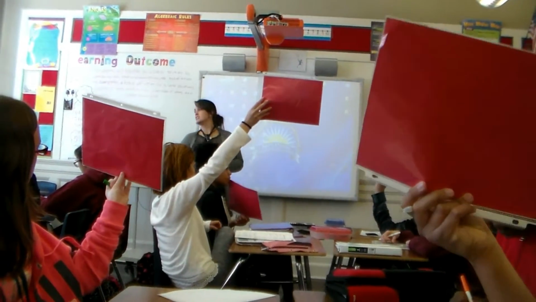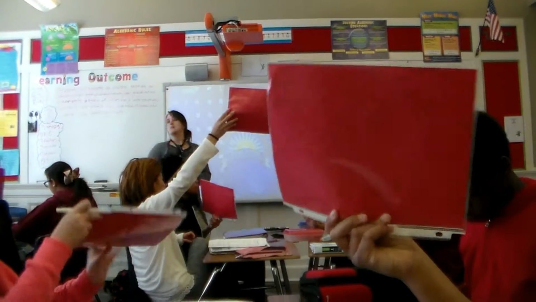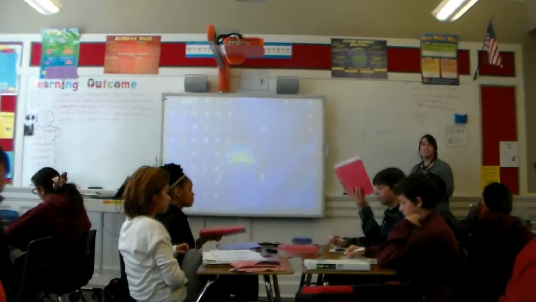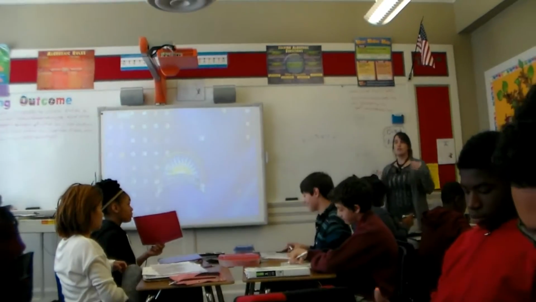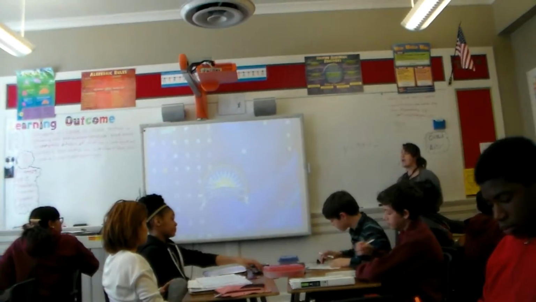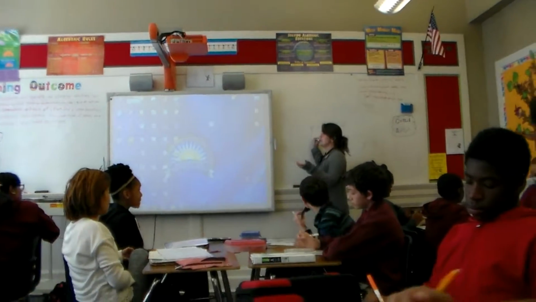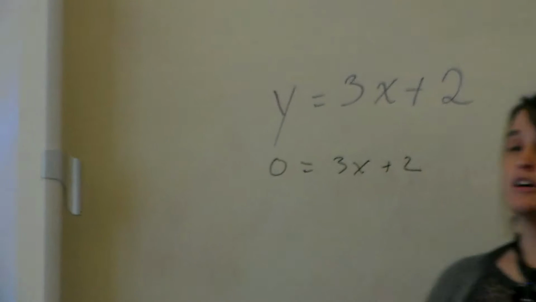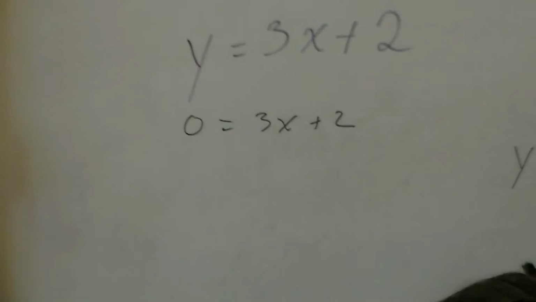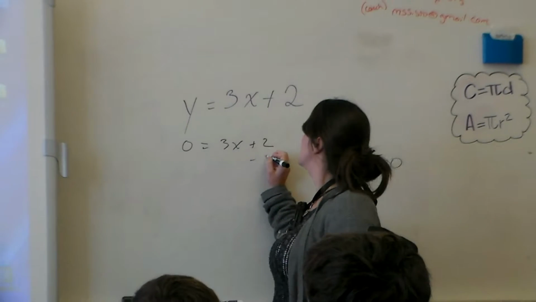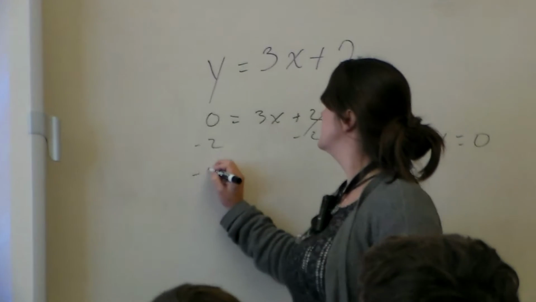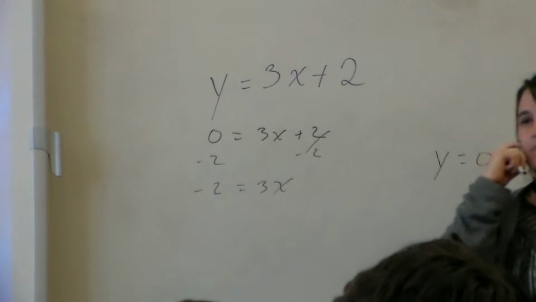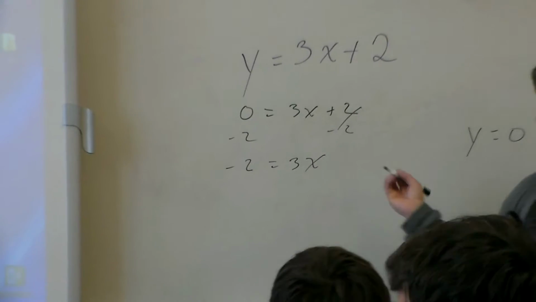So a little more hesitation that time. Mostly because your answer is what? A fraction, and that usually makes you guys hesitate. Oops, so maybe I did something wrong. It's okay to have a fraction. So in place of y, I'm putting 0. Still same method. I want to get my variable by itself. So what do I do first? Subtract 2. -2 equals 3x. How do I get x by itself? Divide by 3. Good job.